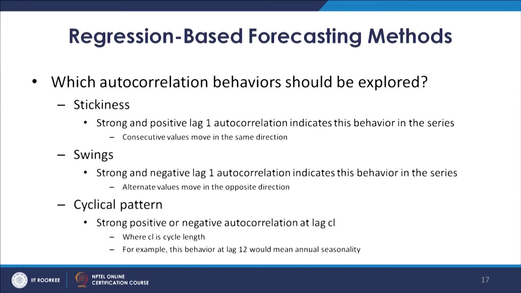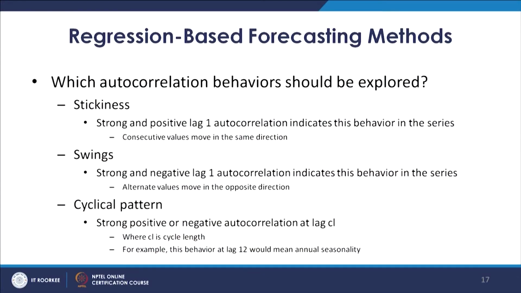The strong and positive lag 1 autocorrelation indicates stickiness in the time series. What it means is consecutive values move in the same direction. As we saw in the ACF plot, lag 1 had a high autocorrelation value of about 0.56. So that indicates that there is some stickiness in the time series that we are analyzing. The consecutive values tend to move in the same direction.